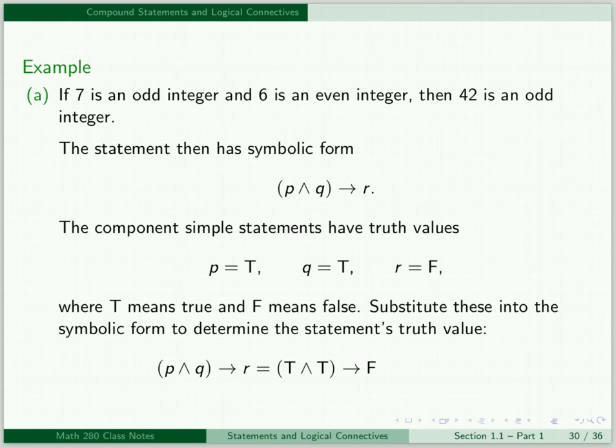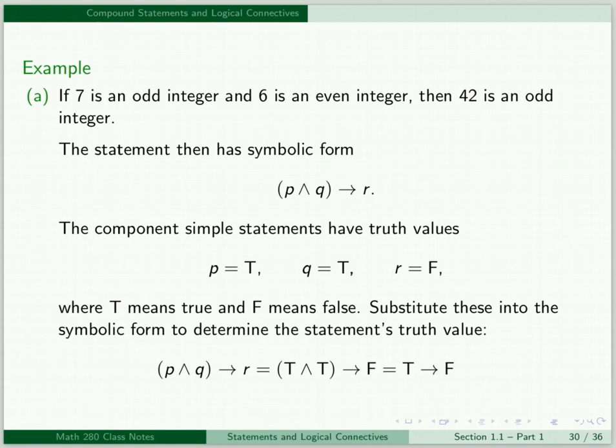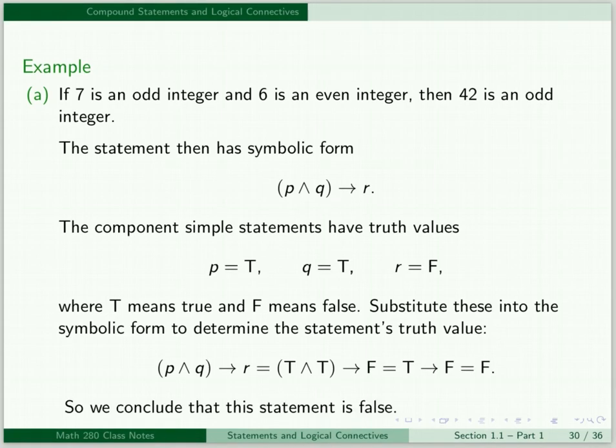According to the definition, true and true is true, so this is equal to true implies false. And now, according to the definition of the conditional, when the hypothesis is true and the conclusion is false, as we have here, true implies false is false. So we conclude that this statement is false.